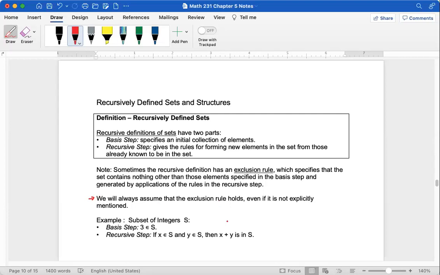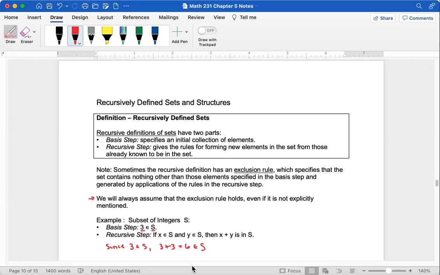For example, let's say we have this integer set S, and I'm told that 3 is in the set. So all I know is that 3 is in that set, and that's what I'm going to work with here. If x happens to be in the set and y happens to be in the set, then x plus y is in the set S. So since 3 is in the set, I can say that 3 plus 3 must be in the set, because I can let x be 3 and y be 3, which now means that 6 is in the set.